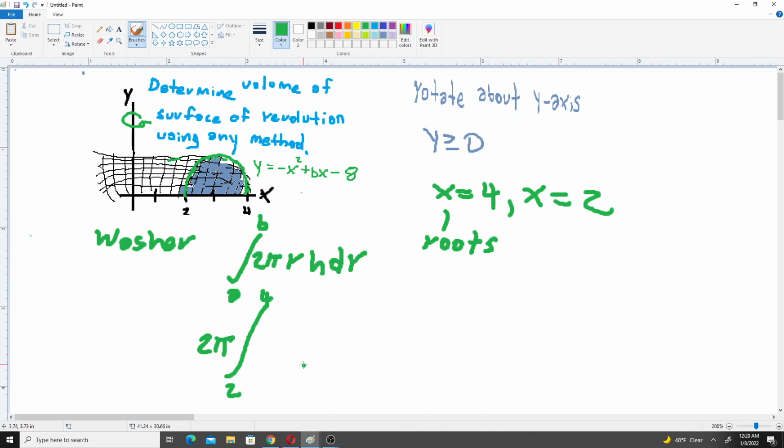So r, which we're integrating with respect to x, because if you draw the radius, it lies parallel with the x-axis. And then we need the height, and the height is whatever value we get for y from this function, so negative x squared plus 6x minus 8 dx.